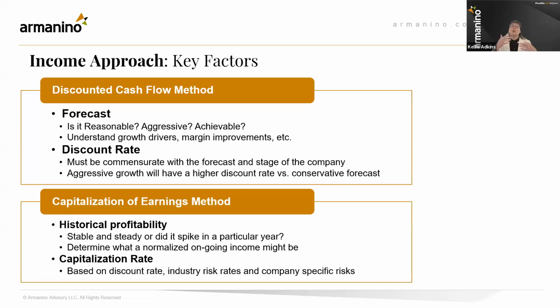We also want to use those guideline public companies to benchmark what their growth and margins have been historically, and then how my company benchmarks to our public company competitors. The first key in valuation is always wanting to understand the story and the background of the company and the business. And so hearing the story and hearing how the forecast relates to that story will give you a really good indication of whether or not the forecast seems to be reasonable, aggressive, or conservative.